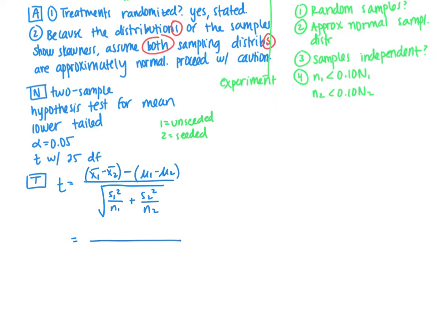That is the sample mean for the unseeded clouds, which I believe is 164.6. Do you all see that in the output? So in the output, you should see that the sample mean for the unseeded clouds is 164.6. For the seeded clouds, it's 442.